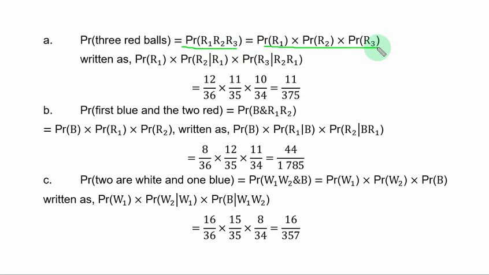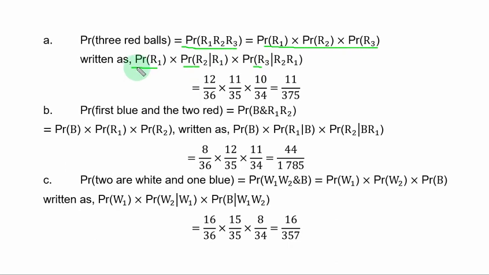Remember, without replacement indicates dependent events, written as probability the first ball is red times probability the second ball is red, given that the first is red, times probability the third is red, given that the second and first are red. So without replacement, the total is affected.